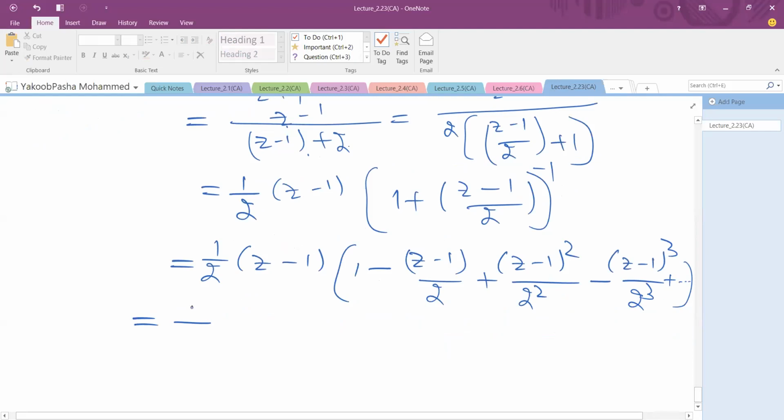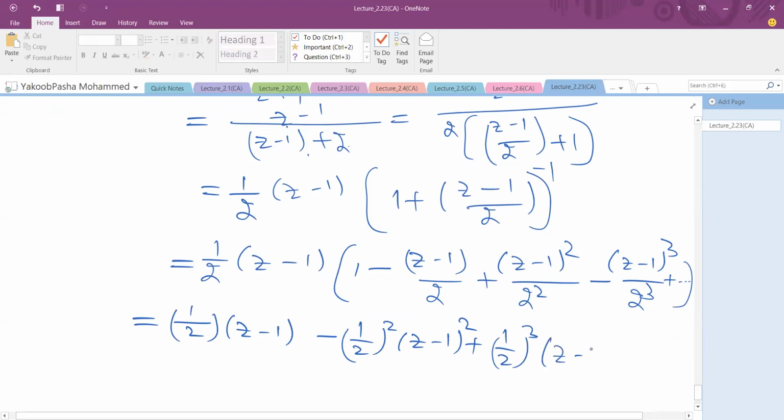First term is 1 by 2 into (z minus 1). Second term, 1 by 2 whole square into (z minus 1) whole square. Third term, 1 by 2 whole cube into (z minus 1) whole cube, minus and so on.